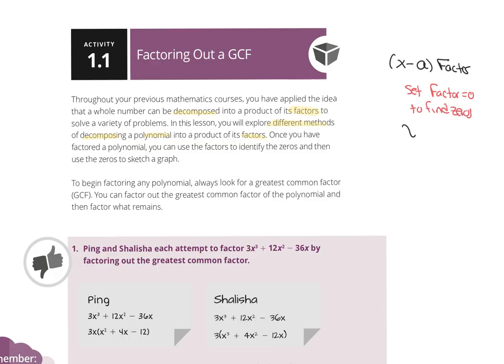So I would get x equals a, and that's a zero. And then you can use the zero to write the x-intercept. a comma 0 is the x-intercept. So they're all the same thing, just in different forms. Once you have factored a polynomial, you can use it to identify the zeros, and we're going to use the zeros to sketch the graph.